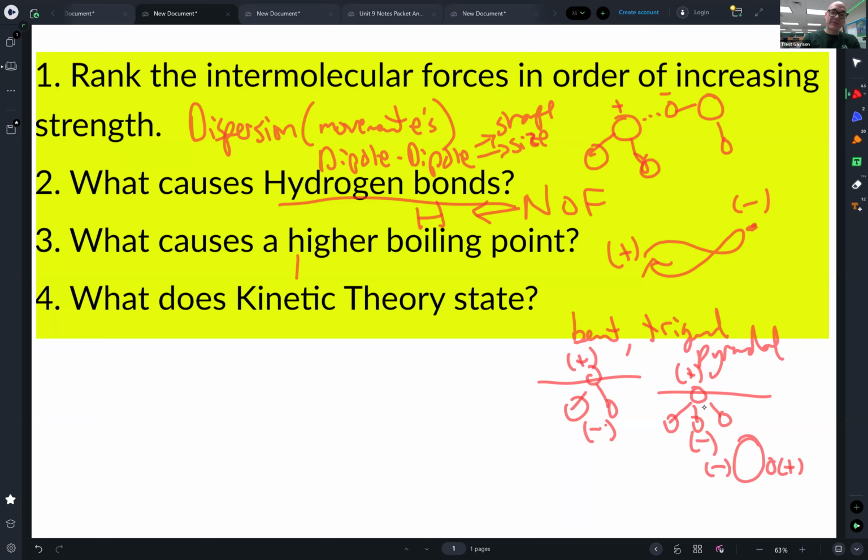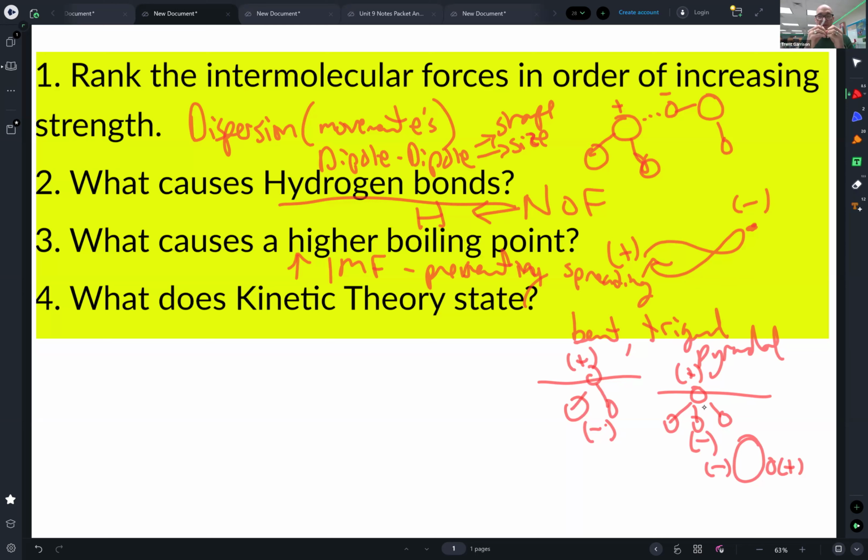All right, what causes higher boiling points? Well, it's high intermolecular forces. So if you have a high intermolecular force, you are preventing the atom, the molecule from spreading.